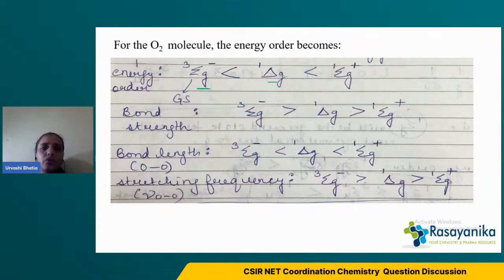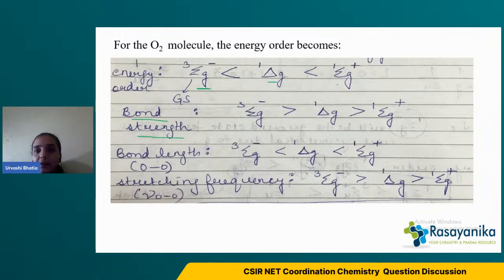So I've written the bond strength order also for your understanding. Bond strength will be reverse. This is the energy order. So, the higher the energy, the weaker will be the bond. Bond strength will be reverse. Bond length will be of the same order, right?